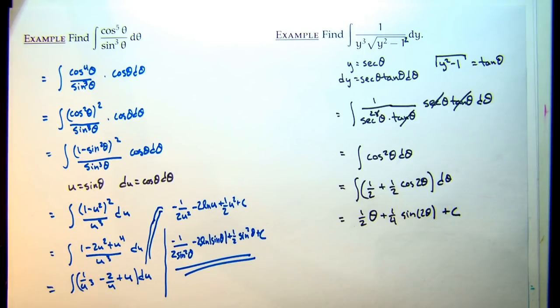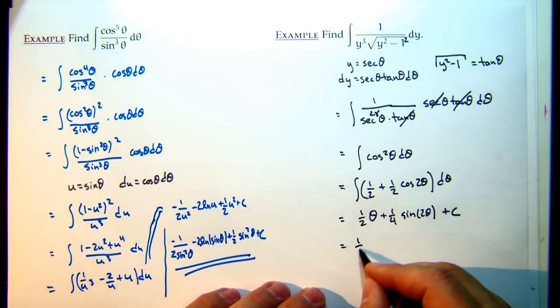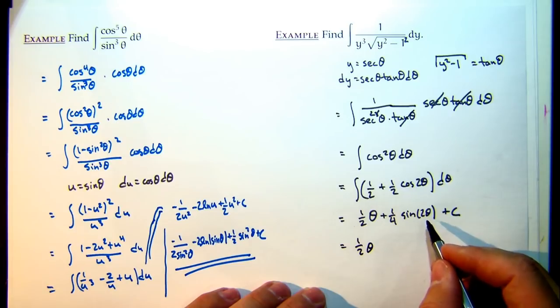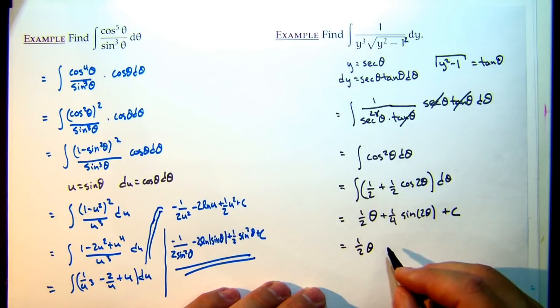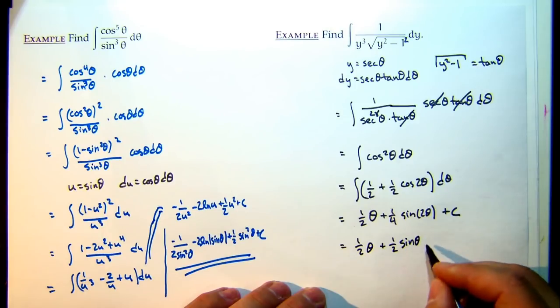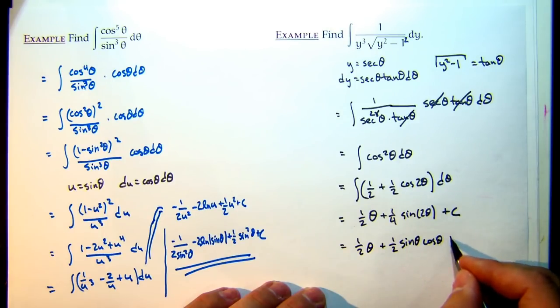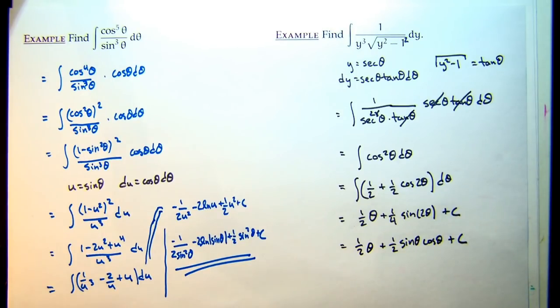So now we pull out another trig identity which says, hey, sine of 2 theta, I know that one. So sine of 2 theta is 2 times sine theta times cosine theta. So that is going to become 1/2 sine theta cosine theta. And now I have everything in terms of thetas and sine thetas and cosine thetas. That's a good situation for me to be in.